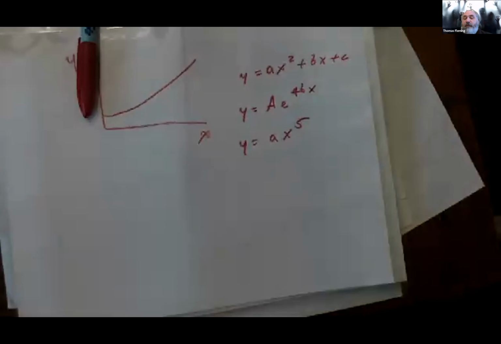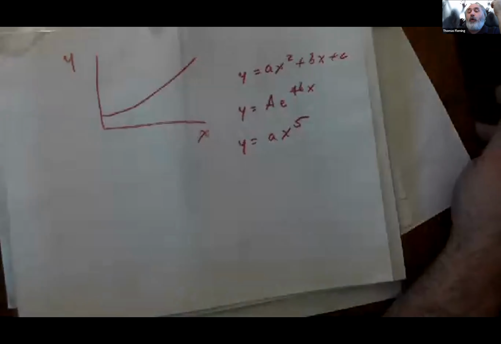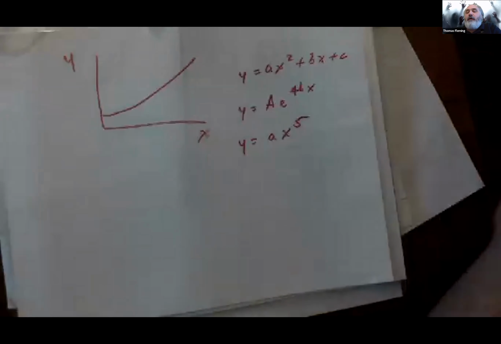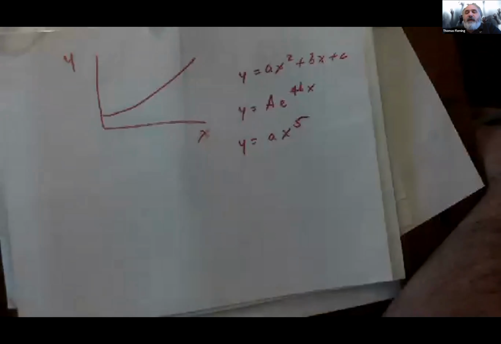That trick is to plot graphs in such a way that they're no longer curvy. I want to be creative in how I plot my graph so that I get a straight line. And with any number of these, you can often pull that off if you plot it in a way that makes sense.